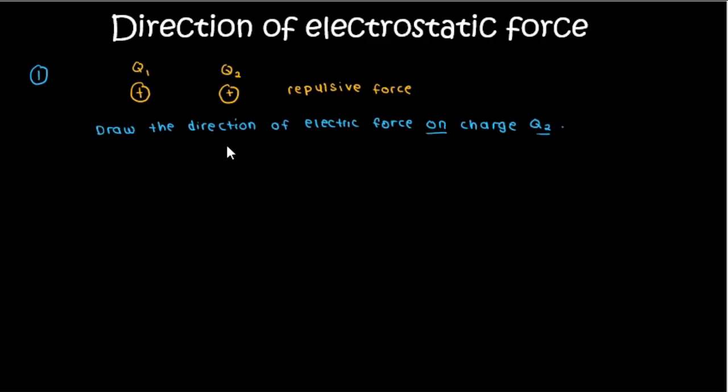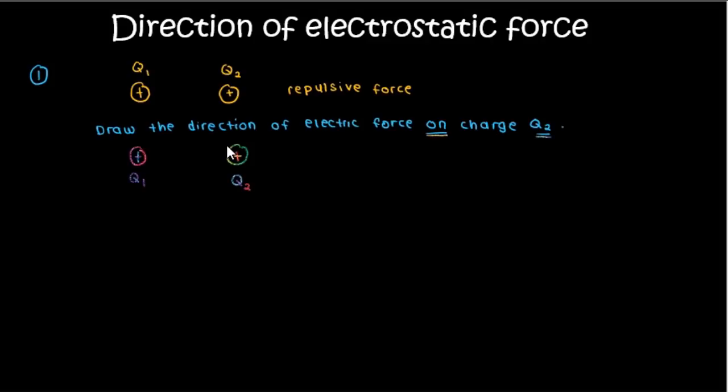So draw back the charges. This one is Q1, and this one is Q2. Repulsive force means that they will repel each other, moving away from each other.